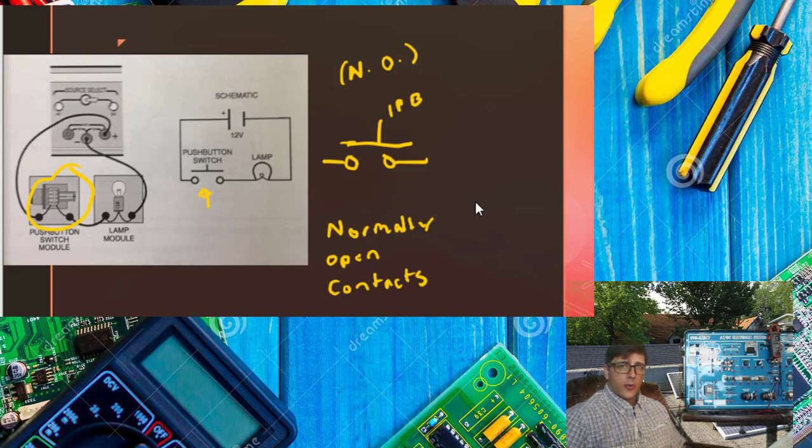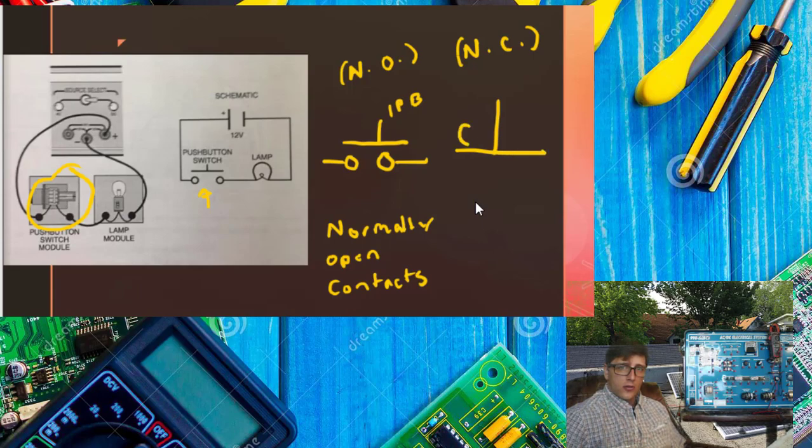I'm going to be a little more picky about how I draw this and make it look a little nicer. There we go. That looks good. Now the other situation is normally closed. That's typically how you'll see it written, normally closed, and it looks something like this.